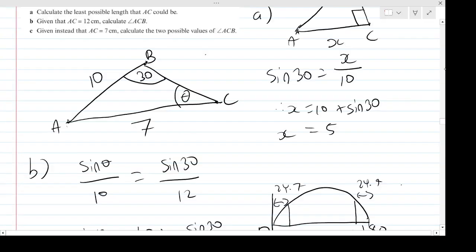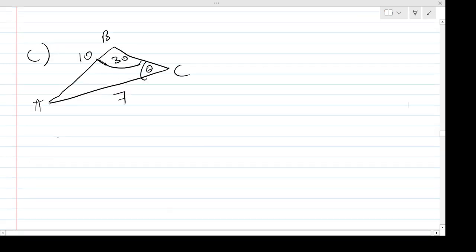Okay. So part C says, given instead that AC is 7 centimeters, calculate the two possible values of angle ACB. Okay, so I've drawn the triangle here. I recreated it. Now the length is 7. So again, we need to find the values of theta in this case.